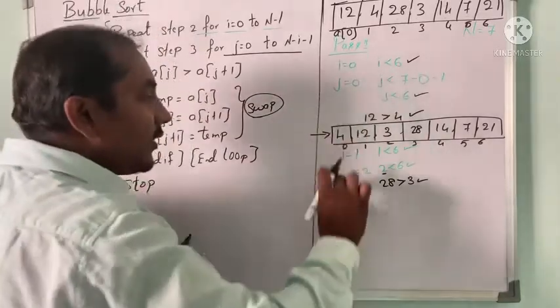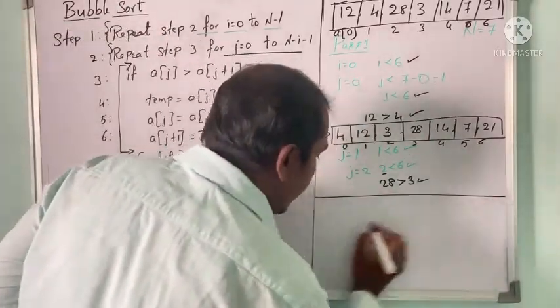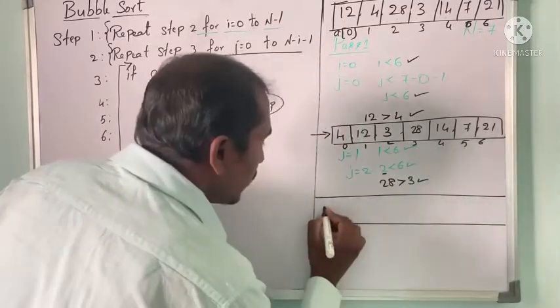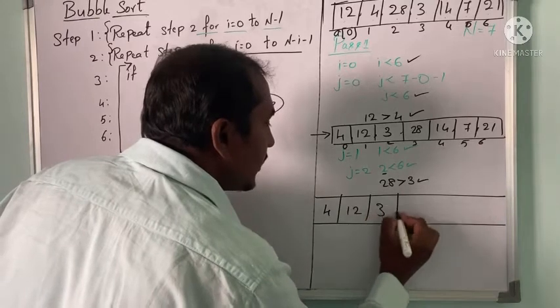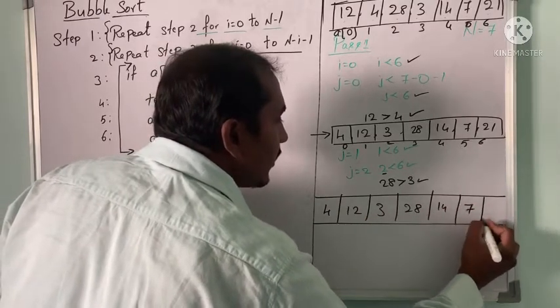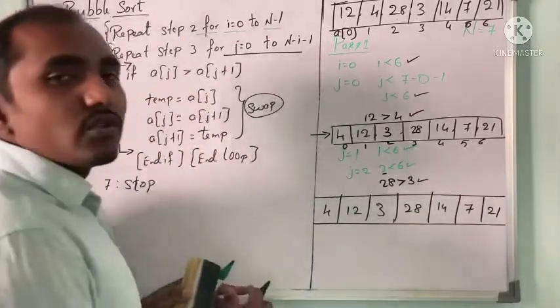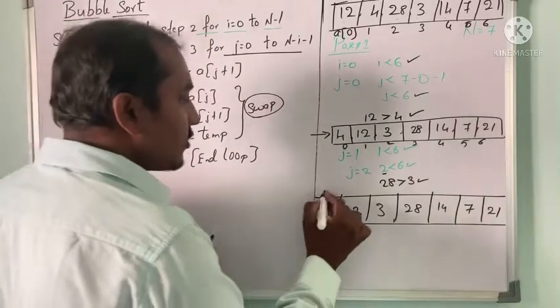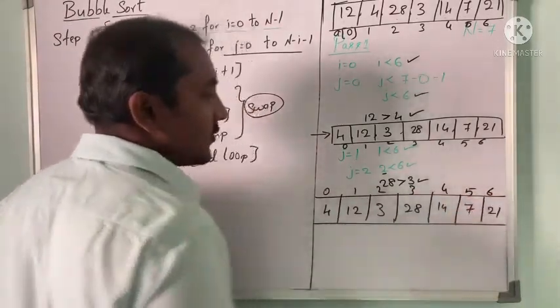That will be our next result. When j equals 2, I'm going to get the result as 4, 12, 3, 28, 14, 7 and 21, with indices 0, 1, 2, 3, 4, 5 and 6.